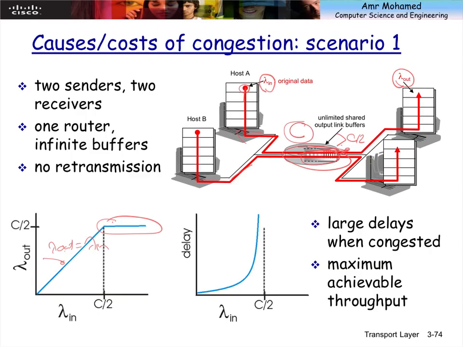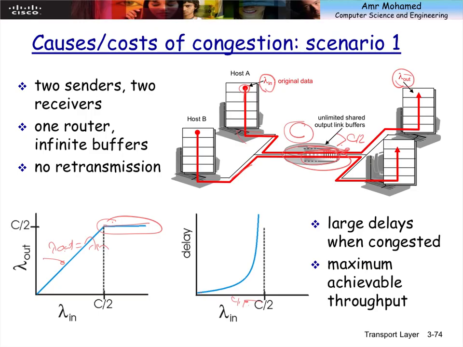This is the throughput, or lambda out, or for accuracy what we call goodput. What does goodput mean? The effective data that reaches the application on the other side. So it cannot exceed C over 2. What about the delay? If you are transmitting at less than C over 2, chances are the queue length will be small, which means that whatever comes will not have a significant delay.